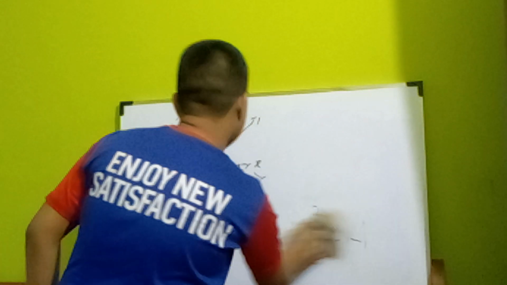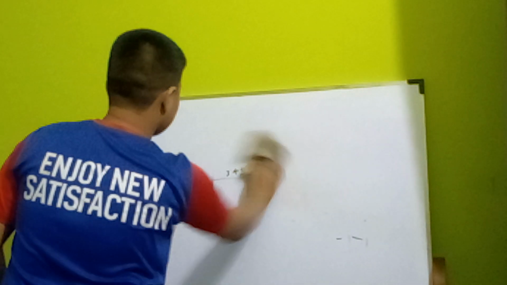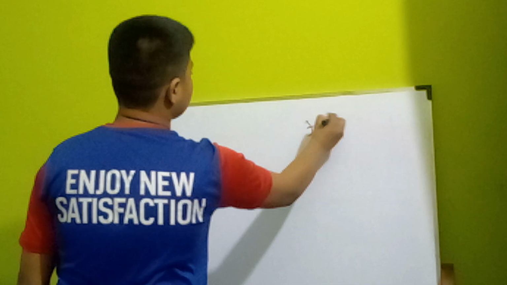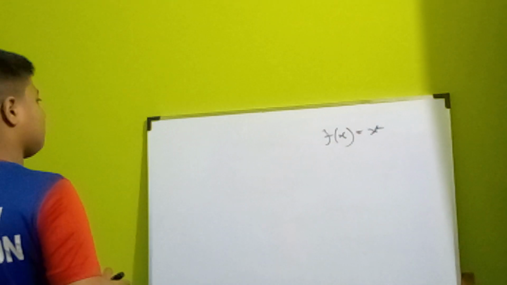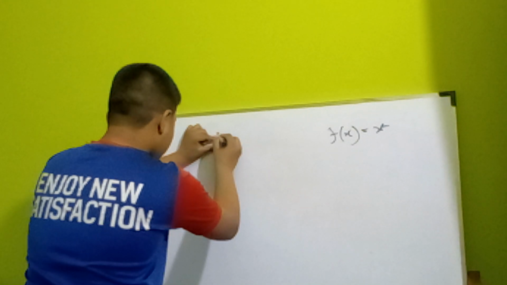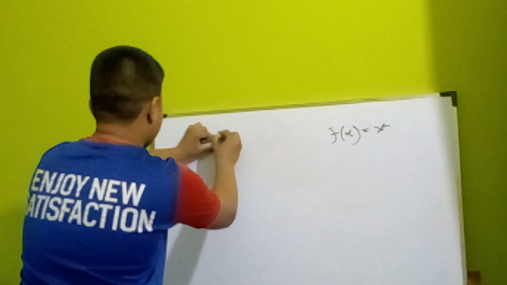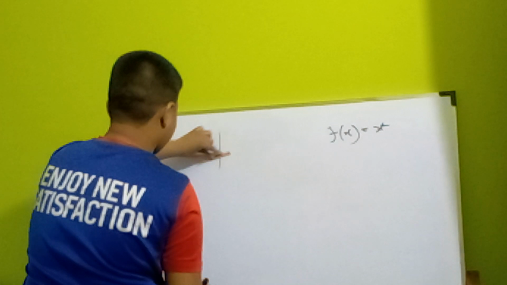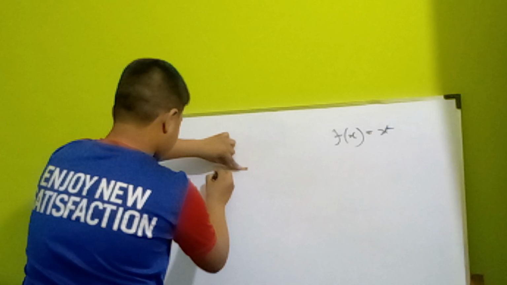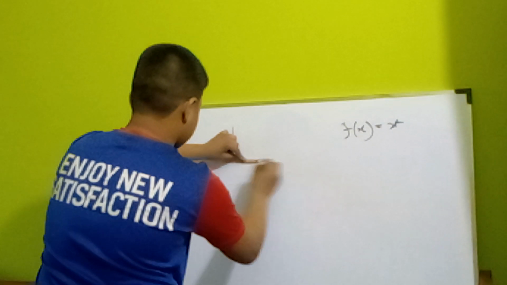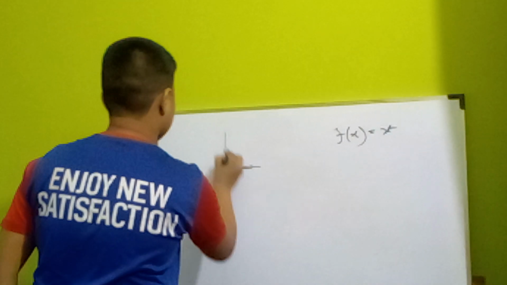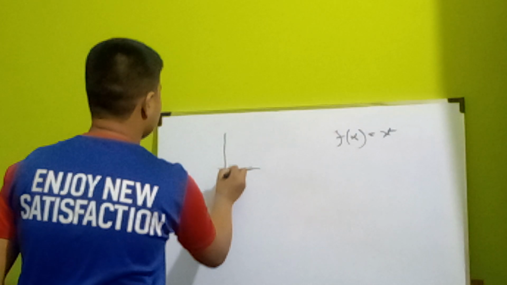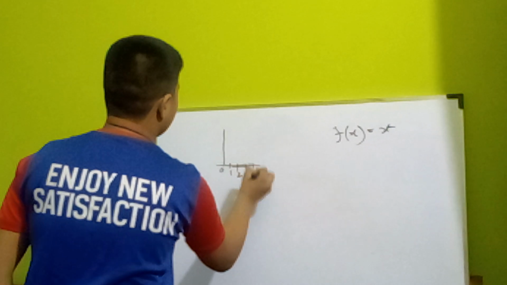Now, if we consider not that linear function, but f of x equals x squared, how will the value change? Let's get through it. I'm going to draw another graph. Like this, with 0, 1, 2, 3, 4.